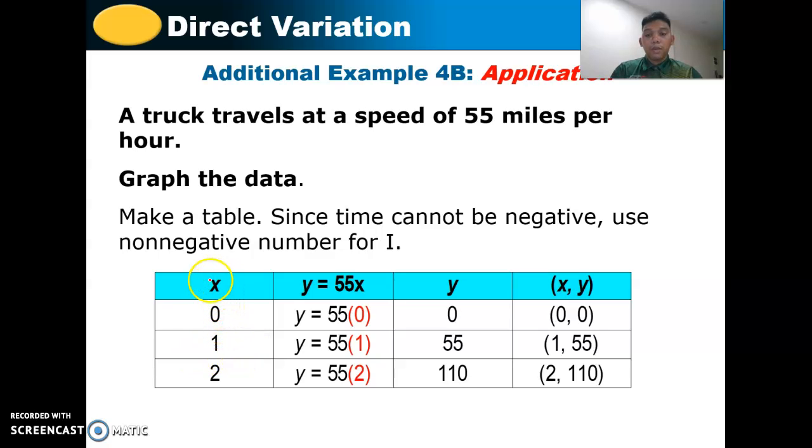If my x is 0, meaning my time is 0, and I multiply, of course it will pass through the origin, (0, 0). If I run for 1 hour, how far am I going to reach? Of course it's 55 miles. And then 55 times 2 is 110 miles. So (2, 110), (1, 55), (0, 0).